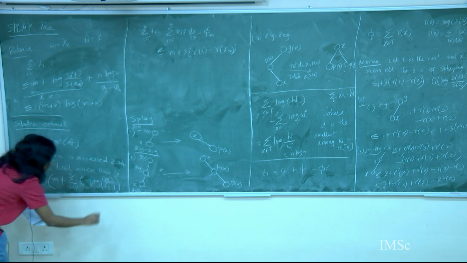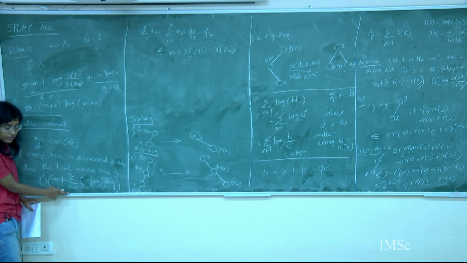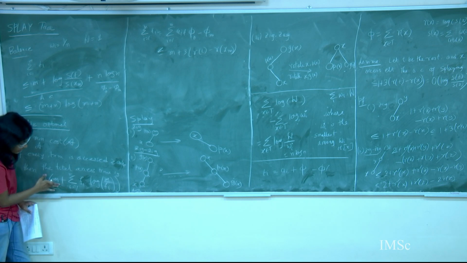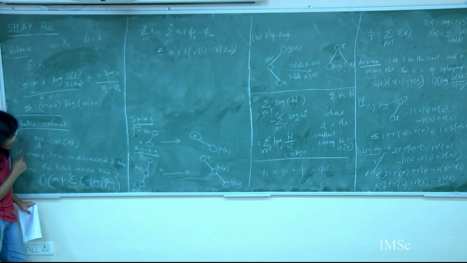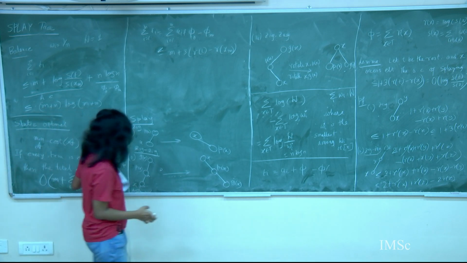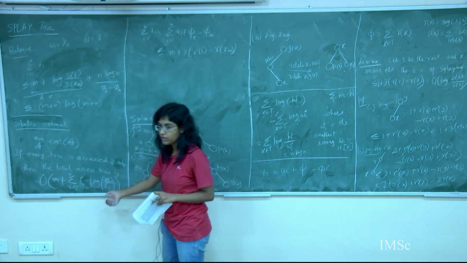Fi is the frequency of the ith element, the element that I am searching in the ith step. This is some bound you can get using the entropy bound, and this is the optimal you can get in a static case. We'll see that splay satisfies this property as well.